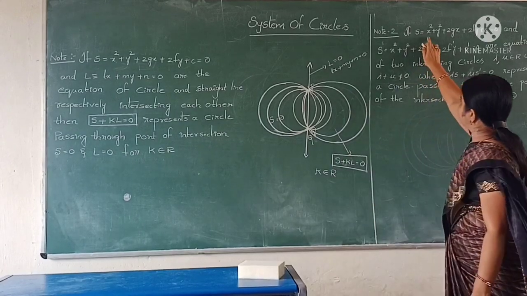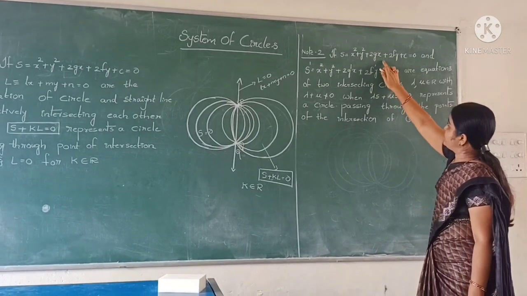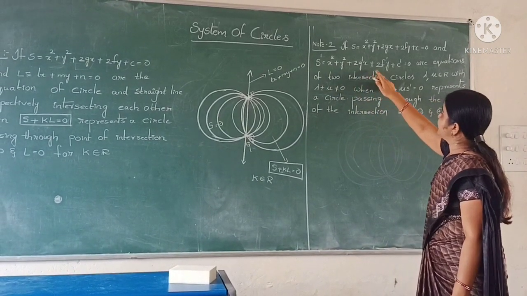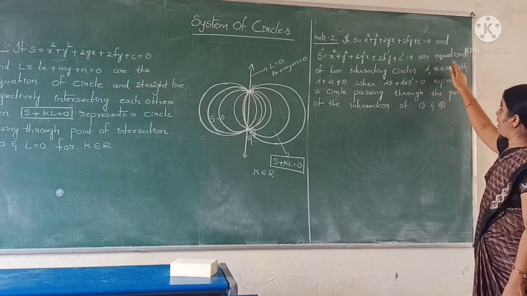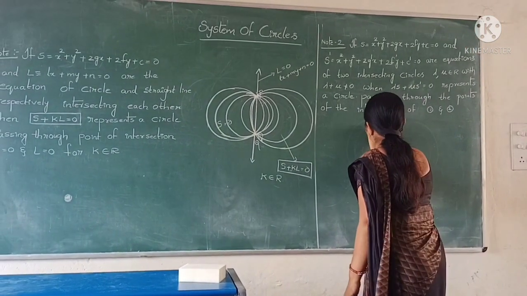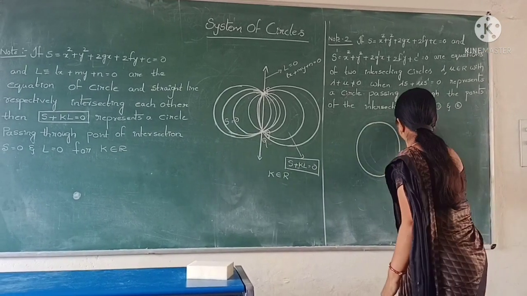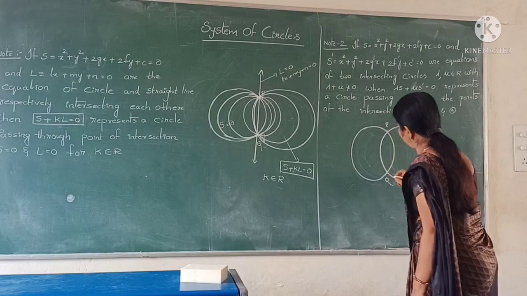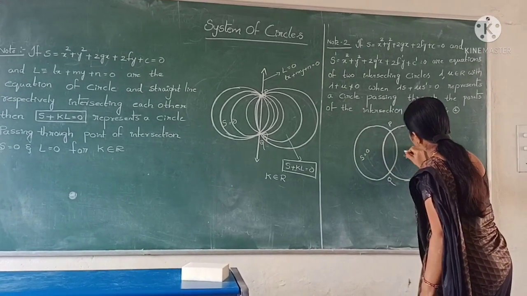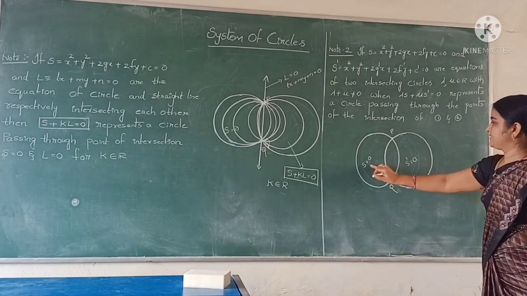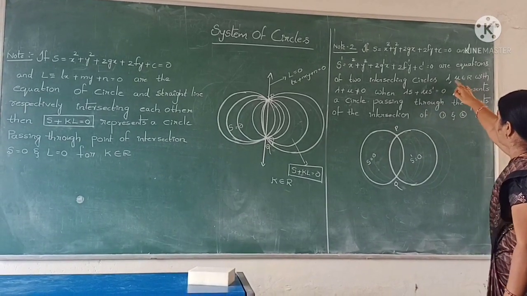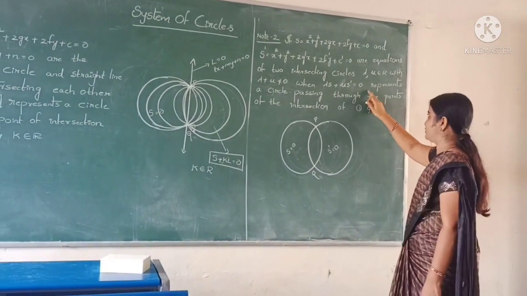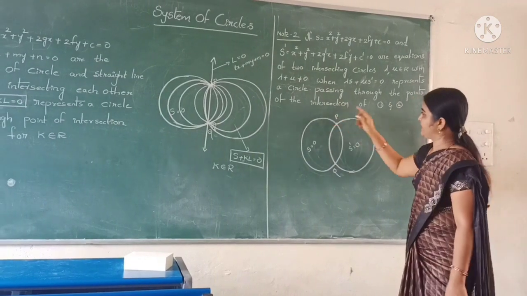The next note is, if S equals x square plus y square plus 2gx plus 2fy plus c equals 0 and S dash equals x square plus y square plus 2g dash x plus 2f dash y plus c dash equals 0 are equations of two intersecting circles, two intersecting circles with points of intersection P and Q. This is the equation of one circle and this is the equation of the other circle, S dash equals 0, S equals 0. For lambda, mu belongs to R with lambda plus mu not equal to 0, lambda S plus mu S dash equals 0 represents a circle passing through the points of intersection of 1 and 2.